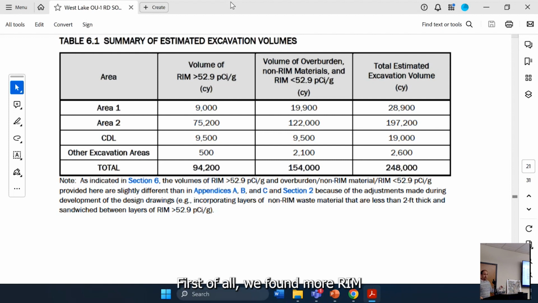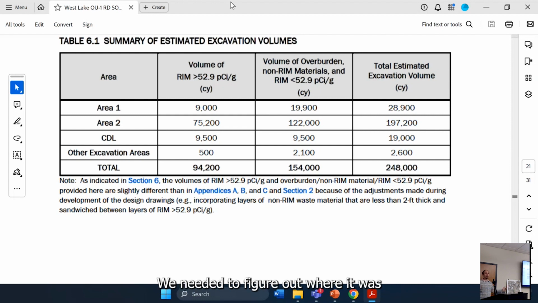First of all, we found more RIM in the construction and demo landfill and the inactive sanitary landfill, and that has never been modeled. We have an extent. We know the outer bounds of it, but we do not have total volume estimates of RIM that is at depth in the ISL and CDL. We don't need it for the design, which is partly why we don't have it.